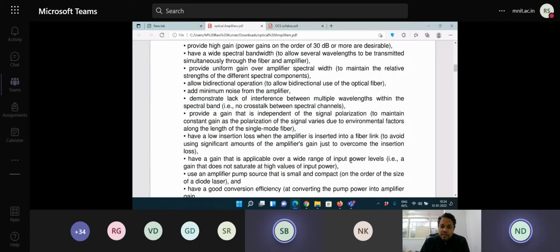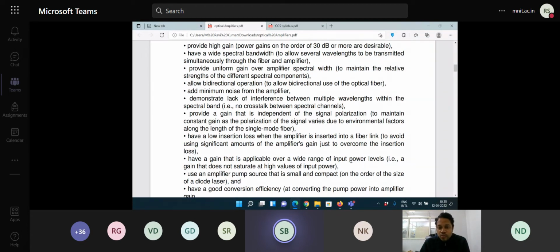But the gain must not be constant for all input powers, because if the gain is constant, if I have an input power of say 1 microwatt and I amplify it to 1 milliwatt, so I have a 1000 times increment in the power, fine.